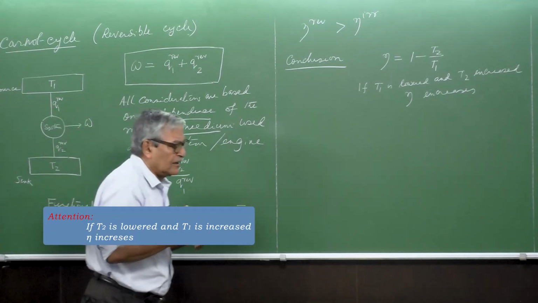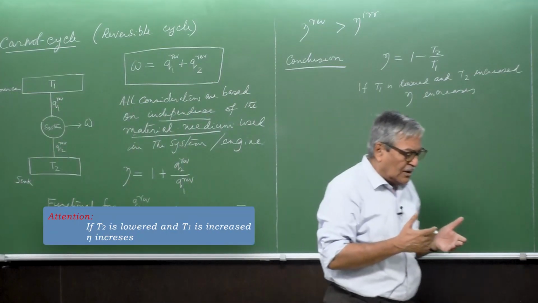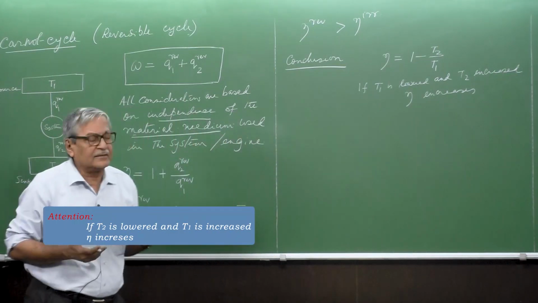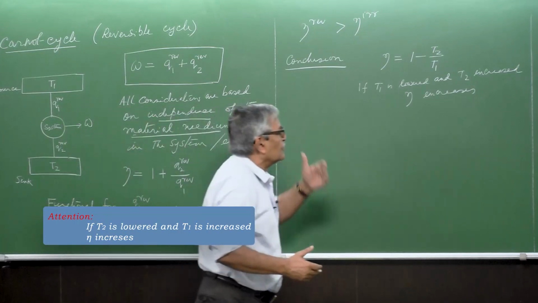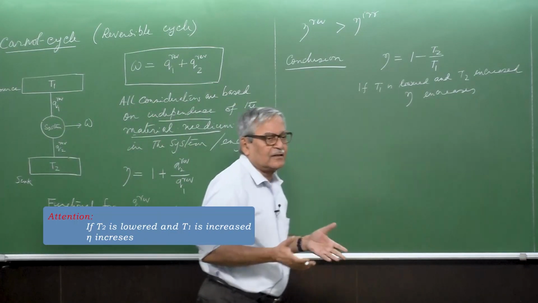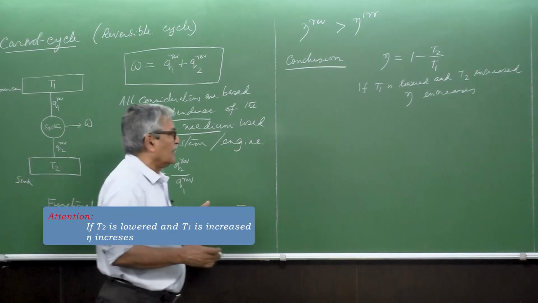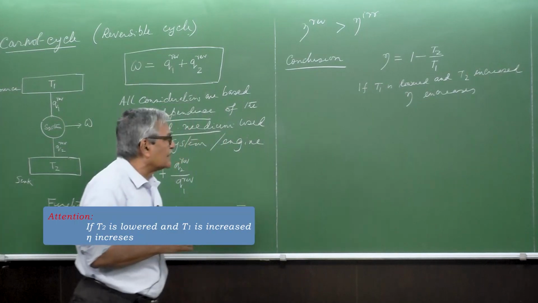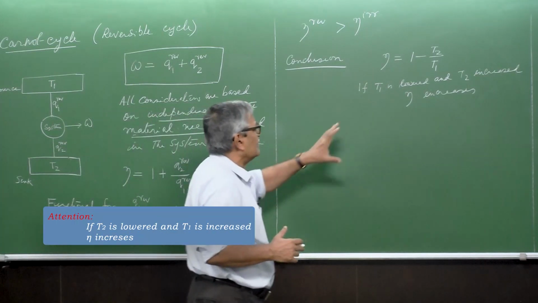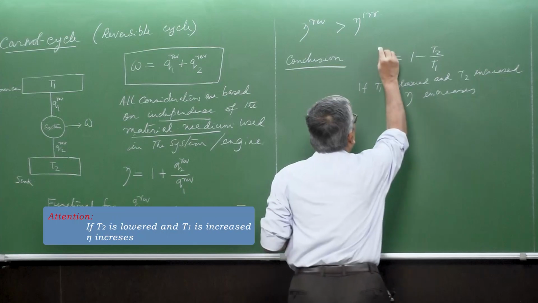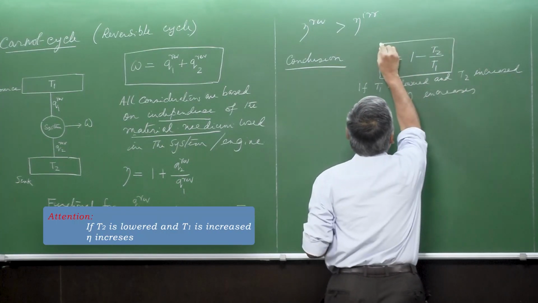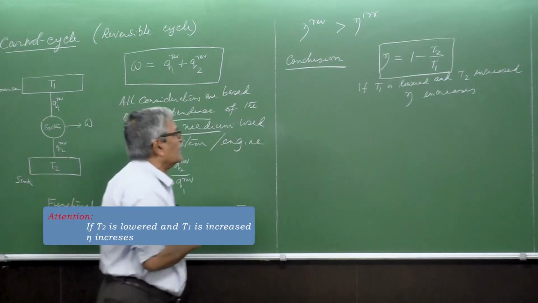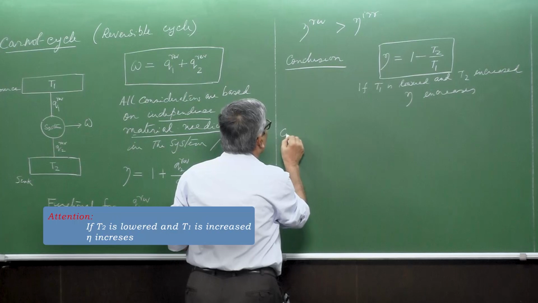That means your diesel engine will be more efficient than a petrol engine, because the ignition points are higher in the case of diesel. So that is one of the conclusions. This is a very fundamental formula used for defining the efficiency of a system.